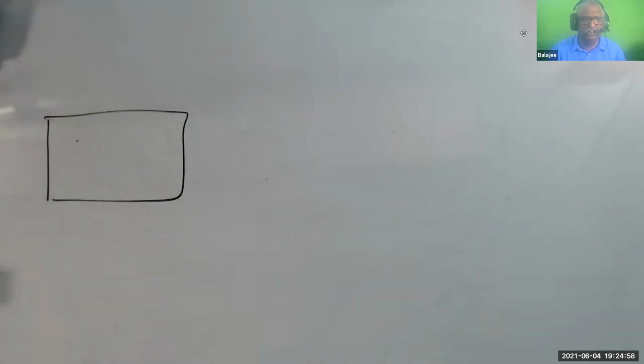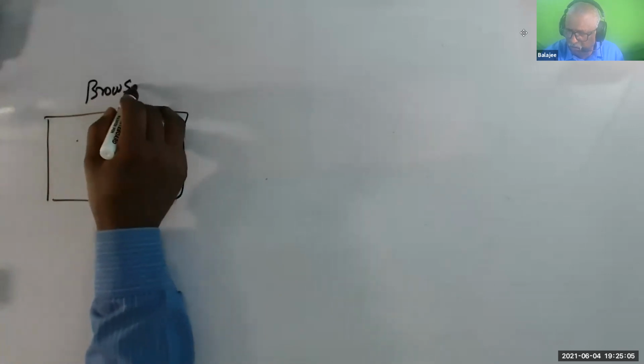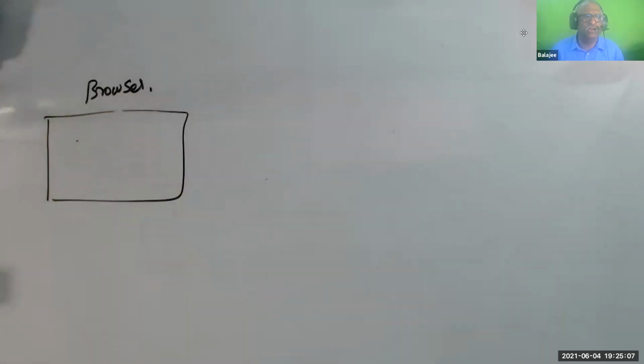What happened? I am Balaji. I open a browser. My computer is empty now. There's no application on my computer. I just switched on the machine and there is no application. Now I open the browser. The browser is idle and not doing anything.